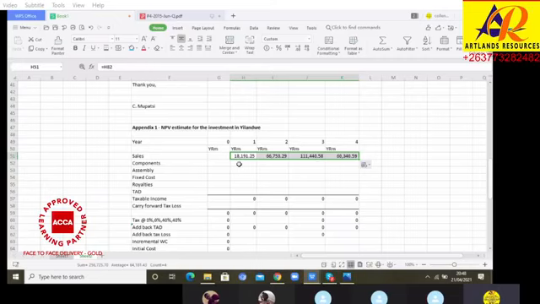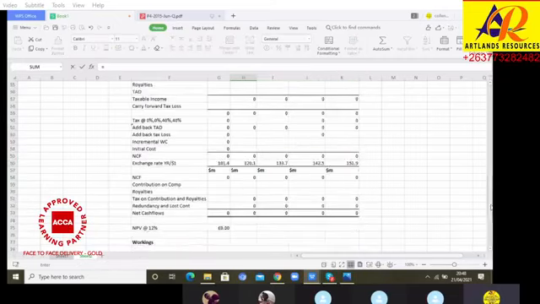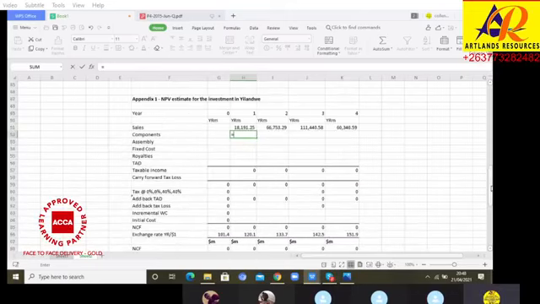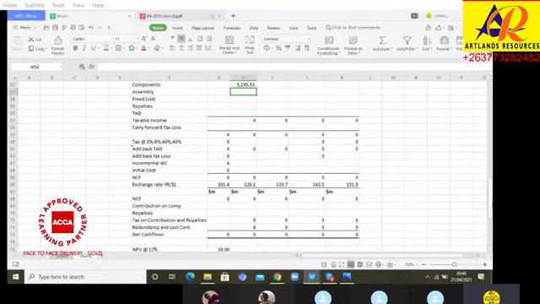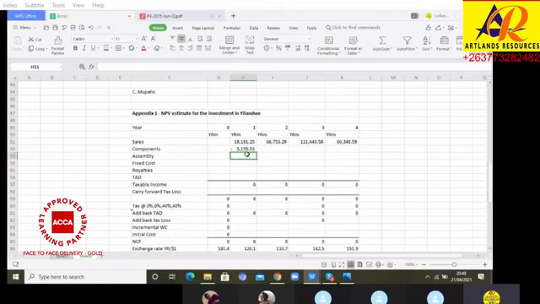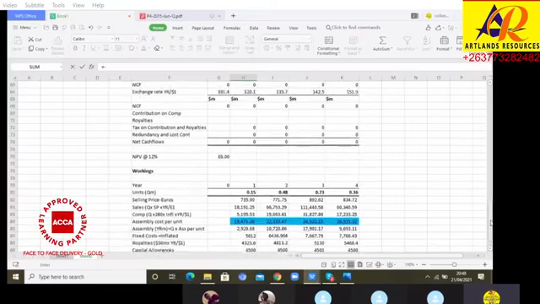And then components. I come here, I pick components, or I say equals minus, because these are costs. Notice when they are costs, you say equals minus. So this becomes my components. Notice already it's put a minus. And then I drag. Then assembly, I say equals minus, because these are costs.